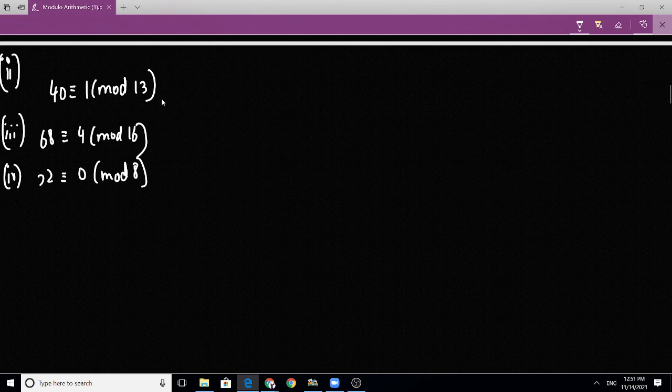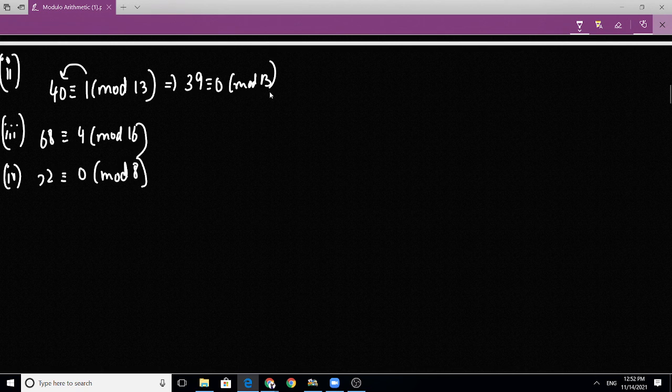I'm just sending 1 this side, assuming the congruent sign, the three lines, as equal to, and sending 1 to that side. So you get 40 minus 1 is 39 congruent to 0 mod 13.